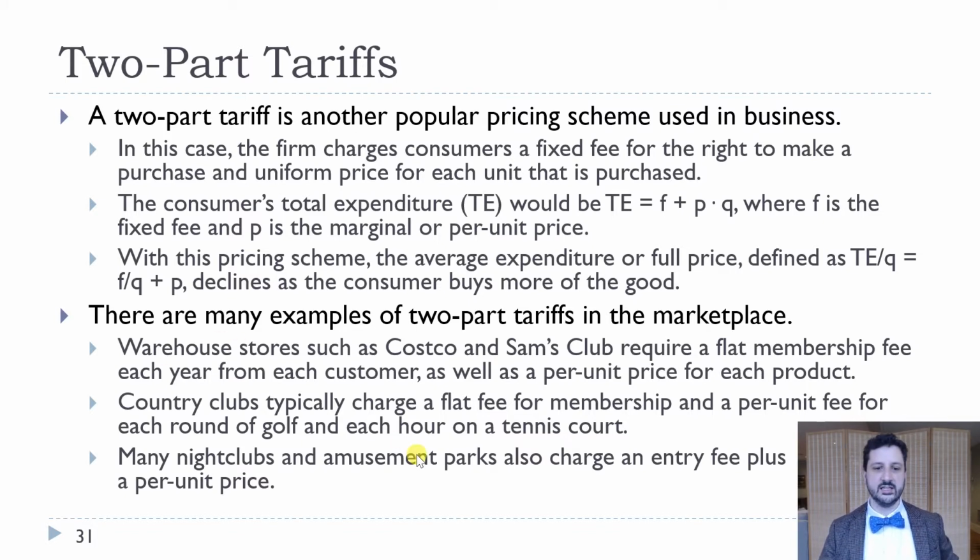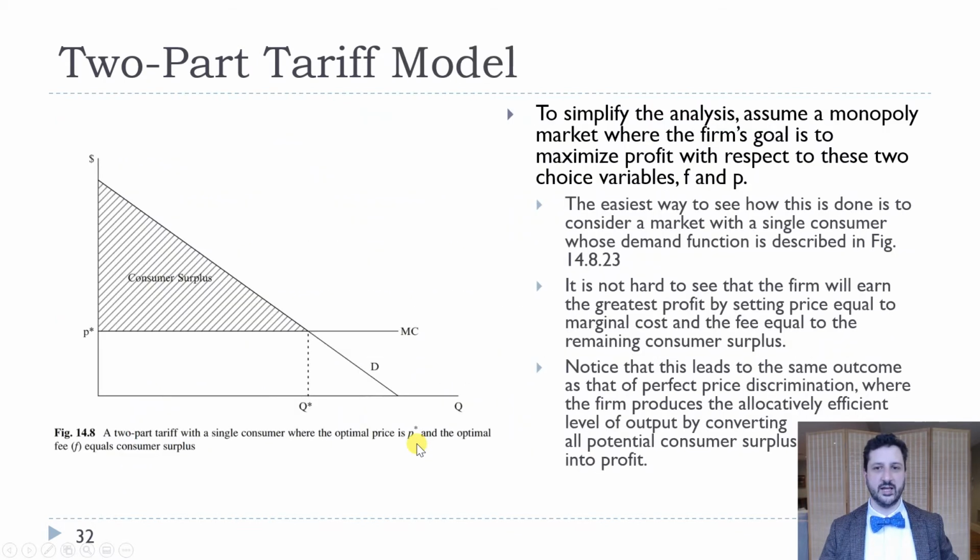And so the idea is, if you think about an individual's demand curve, this is one way for the business to extract all of that consumer surplus, right? Where you set the price equal to marginal cost, but then the fee is equal just to all of that consumer surplus.